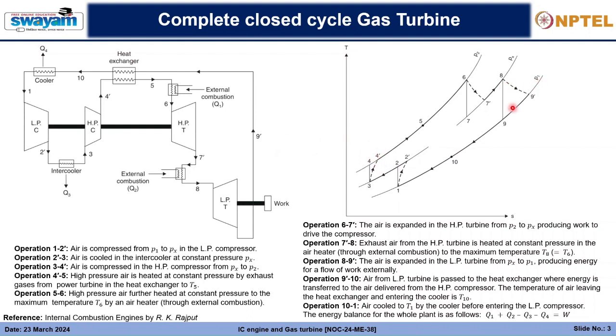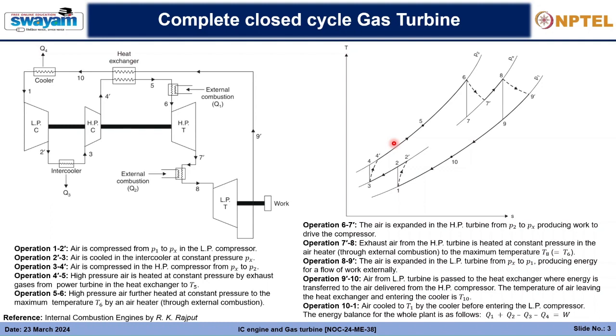But instead it is not able to supply that amount of heat, and there is a net rise in temperature from 4 dash to only 5. The temperature difference is not the same as the maximum temperature difference we could have got. So that's why there is an effectiveness, and that effectiveness basically says that nothing in this world is perfectly 100%, right? So that's about a complete closed cycle gas turbine.